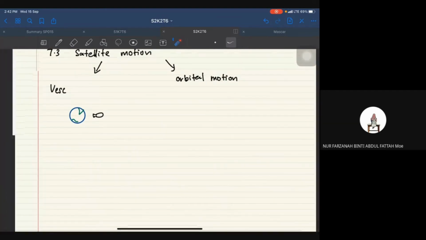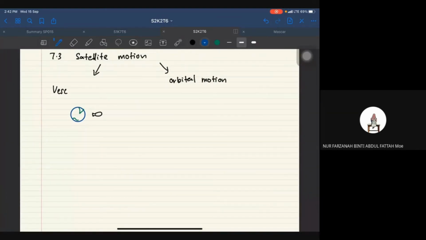Kalau orbital motion, so secara ringkasnya kalau daripada gambar 2D, maybe saya boleh lukis something like this lah. Kalau orbital period, kamu ada, let's say, a sun. Okay, anggaplah ini sun. Macam telur goreng. And then kita ada bumi.